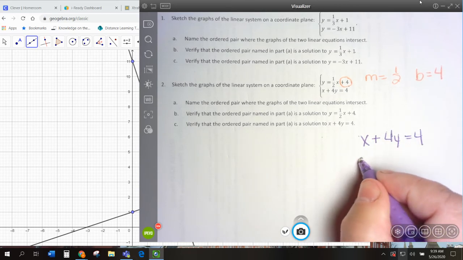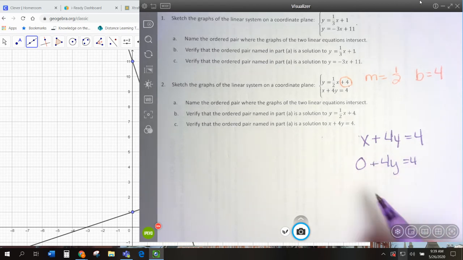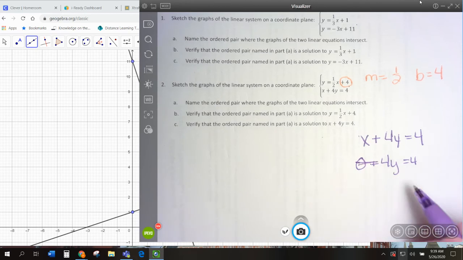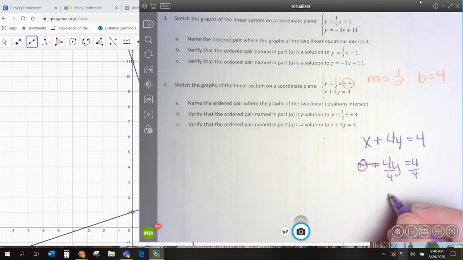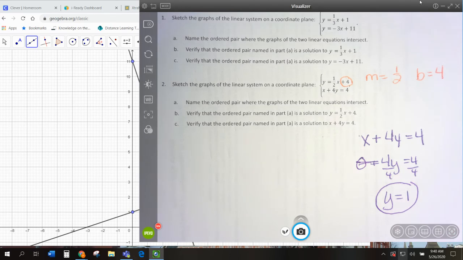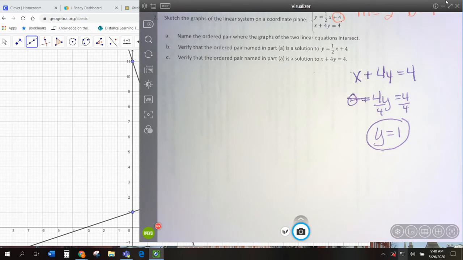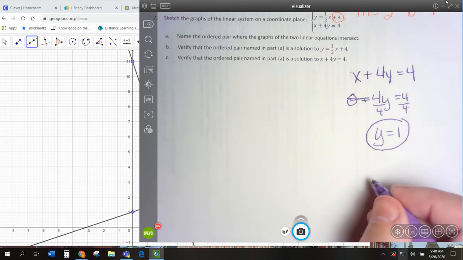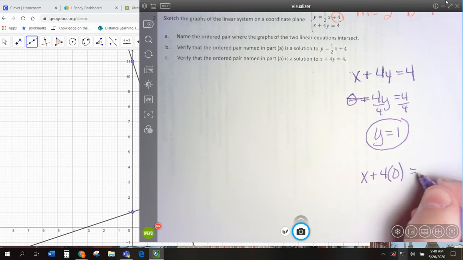If I make x 0, then I have 4y equals 4, right? 0 plus 4y is 4y. 4y equals 4, so I'm going to divide by 4, and I'm going to get y equals 1. There's our y-intercept. Let's find our x-intercept. To find our x-intercept, we make y 0. We're going to have x plus 4 times 0 equals 4. 4 times 0 is 0, so we end up with x equals 4.